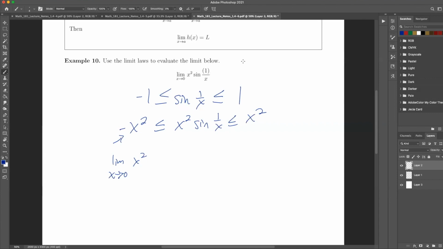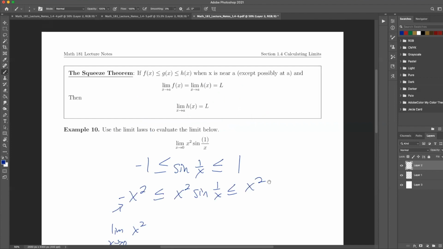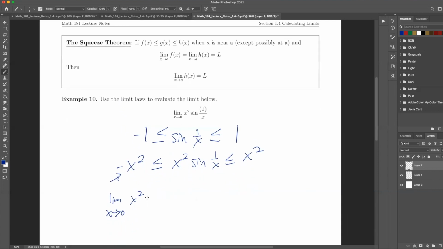So what I've done here is to be very clear, this is my f of x. This is my h of x. And x squared times sine of 1 over x is between these two. However, I know what these limits are. What's this limit as x goes to 0? Well, it's 0, I can just plug it in.